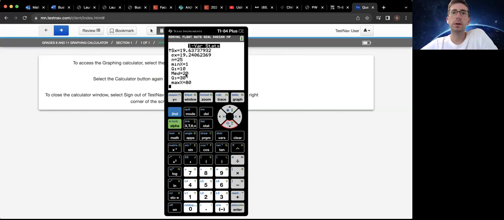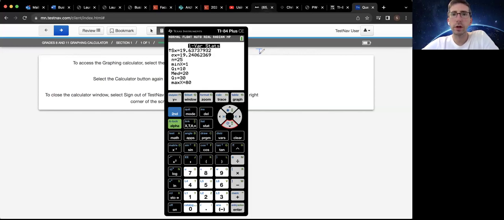Gives us the median, which is our second quartile, and that is 20. Gives us our Q3, or our third quartile, which is 30, and it gives us our max, which is 80. So remember, from the 5-number summary, you can create a box and whisker plot. You can also determine upper and lower outliers, right?